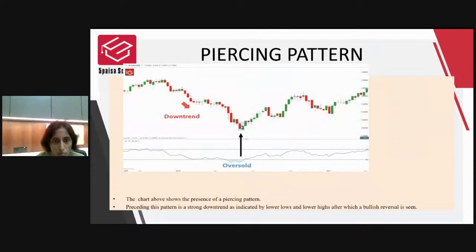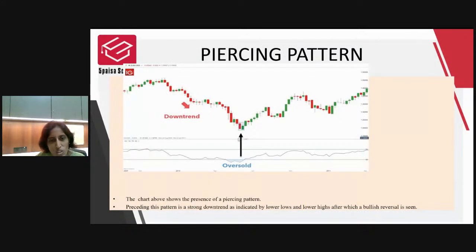So it's closing almost 50% over the real body of the bearish candle. This chart shows the presence of a piercing pattern, and preceding this pattern is a strong downtrend, as indicated by lower lows and lower highs.